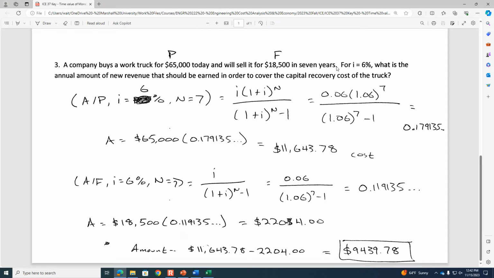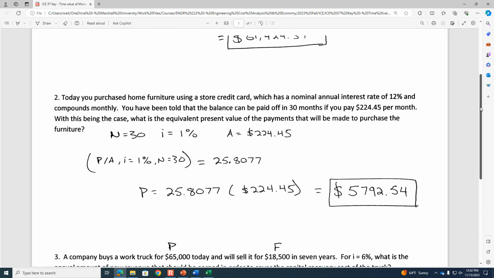And you need to be able to use either the factor tables or the equation method. And just one thing I'll mention on the second problem where we use the factor table, we were able to report the answer to the nearest penny, and that is accurate in this case because this particular factor table reports the P/A to 6 digits of precision.